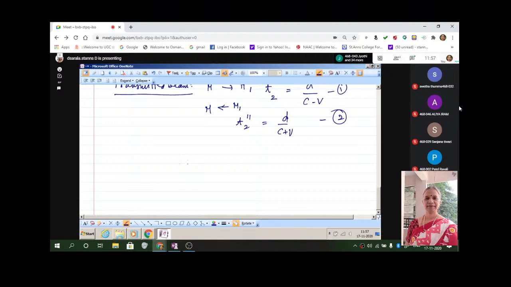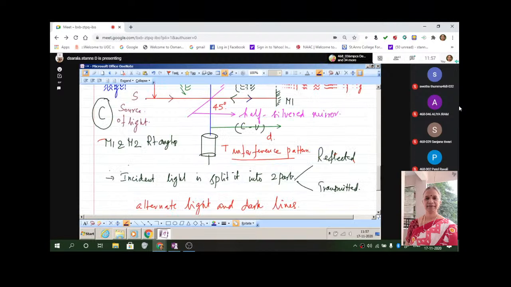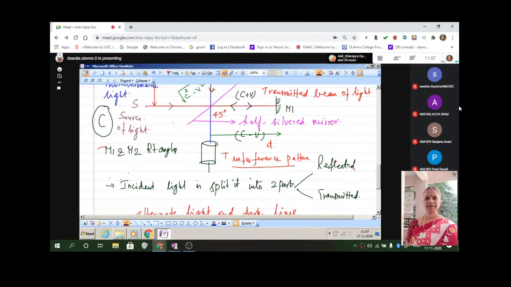Therefore, the total time T2 is equal to T2 dash plus T2 double dash. It's going from one mirror to the right and coming back, so this is the total time.